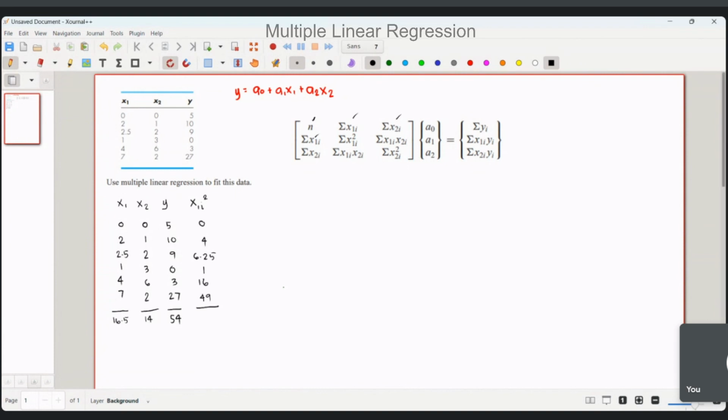And that would give us 76.25. Okay, we have here already.